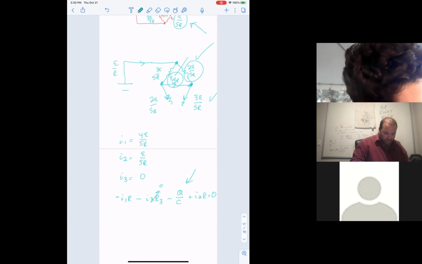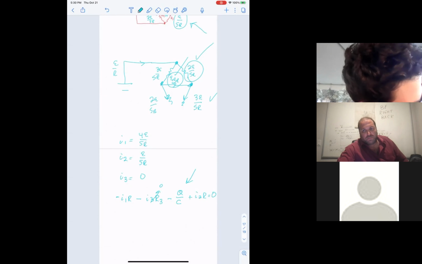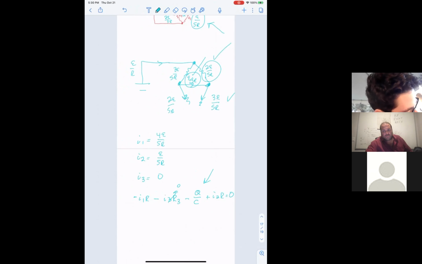So that's the same as 4E minus Q over C plus E over 5 equals 0. And so Q equals CE. Does that make sense?